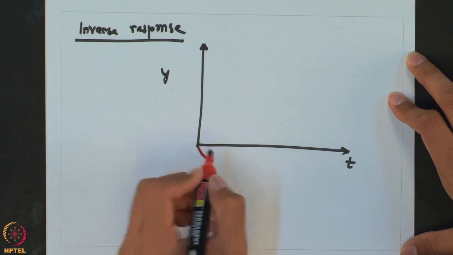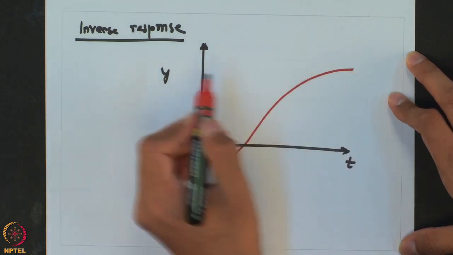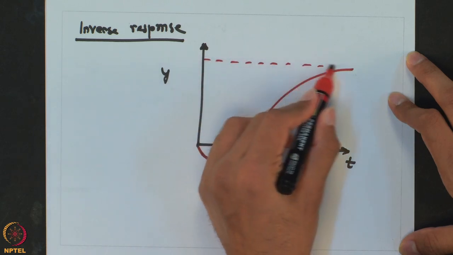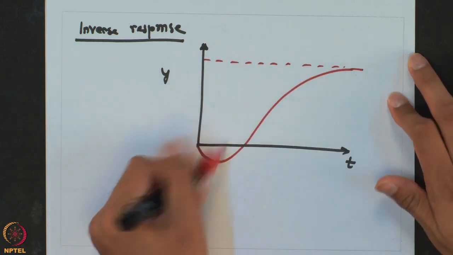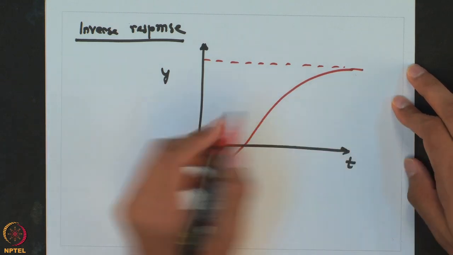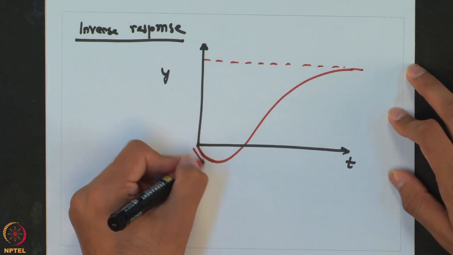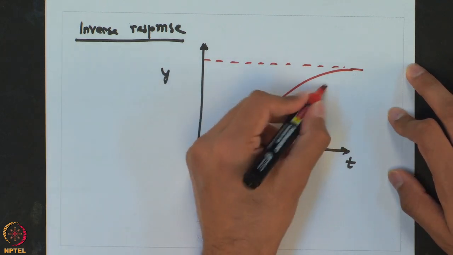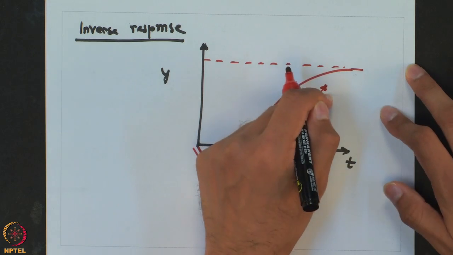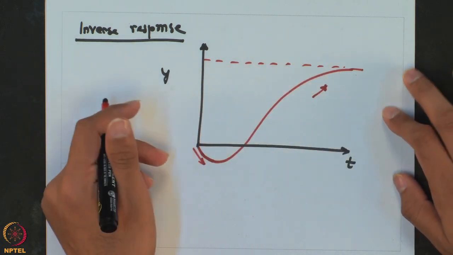So, initially the output goes in the negative direction, but the final gain or the final direction is positive. So, having such kind of a response is known as the inverse response, when the system initially shows exactly opposite direction of movement as compared to the final direction of movement, which is an increase in the output, but initially you can see that there was a decrease in the output.